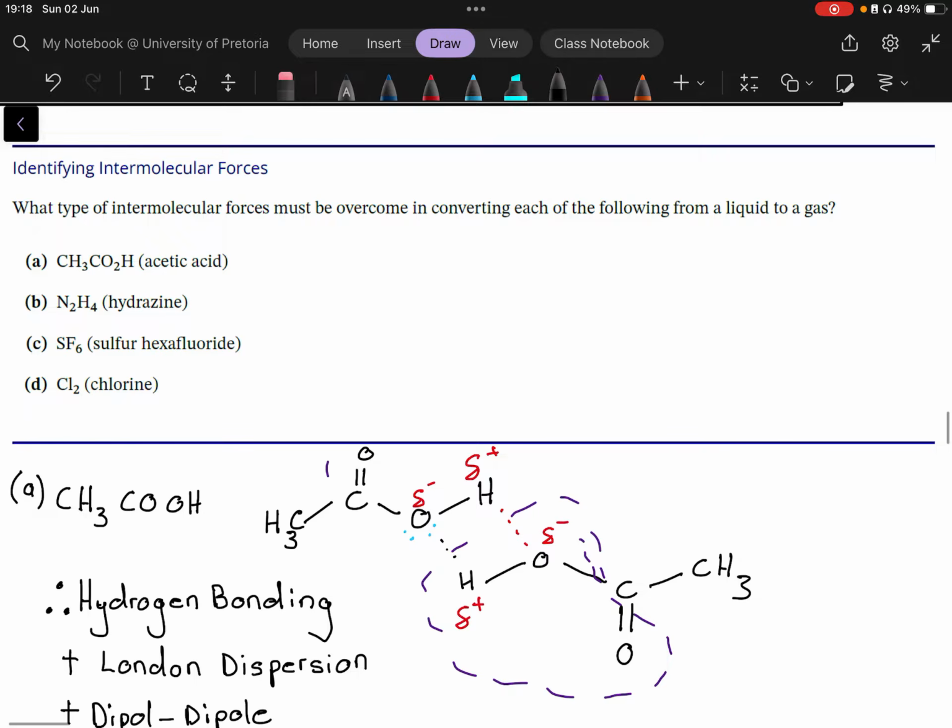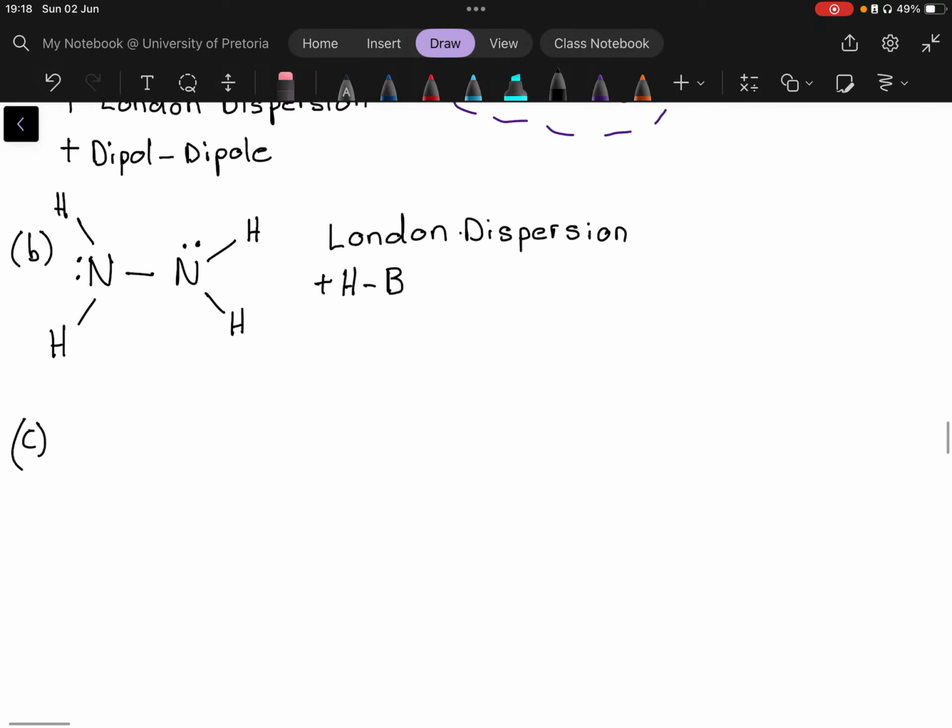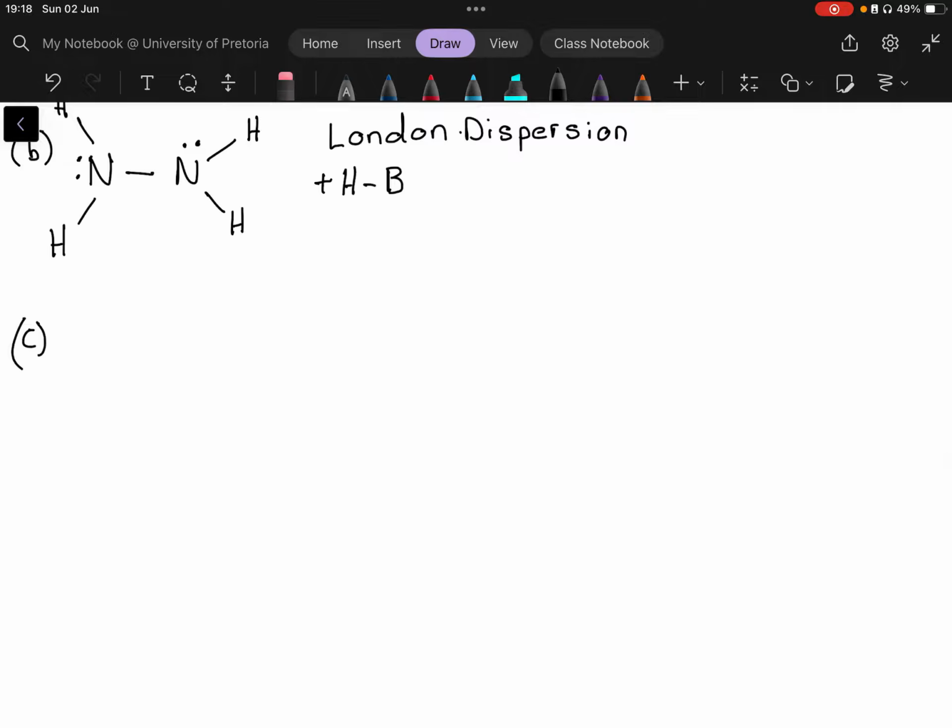What's our next one? Sulfur hexafluoride. Okay, so that's a Lewis structure that we need to draw. Sulfur is in the middle. Sulfur has 6 valence electrons, and each fluorine makes 1 bond, and there are 6 of them.